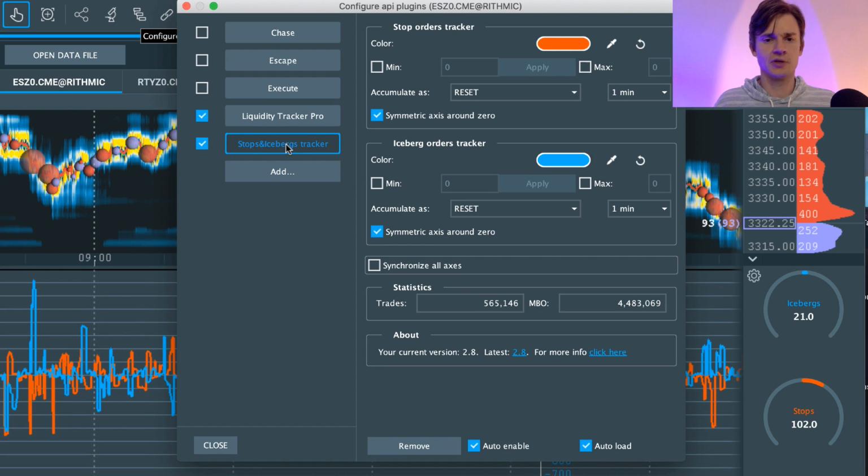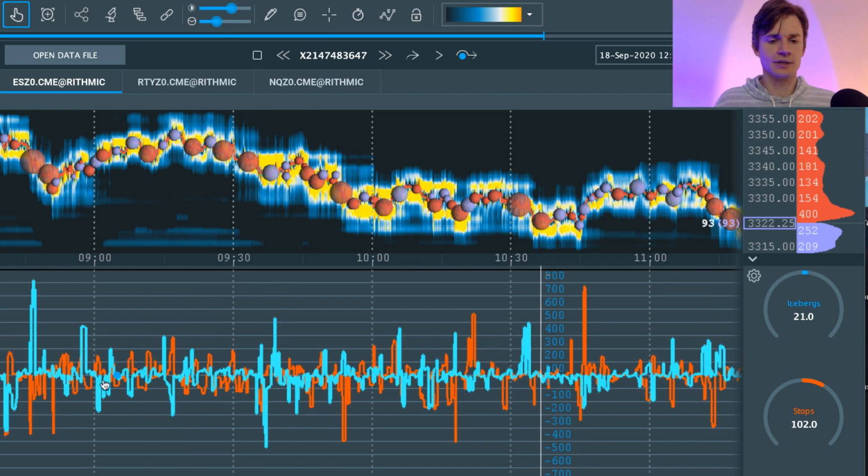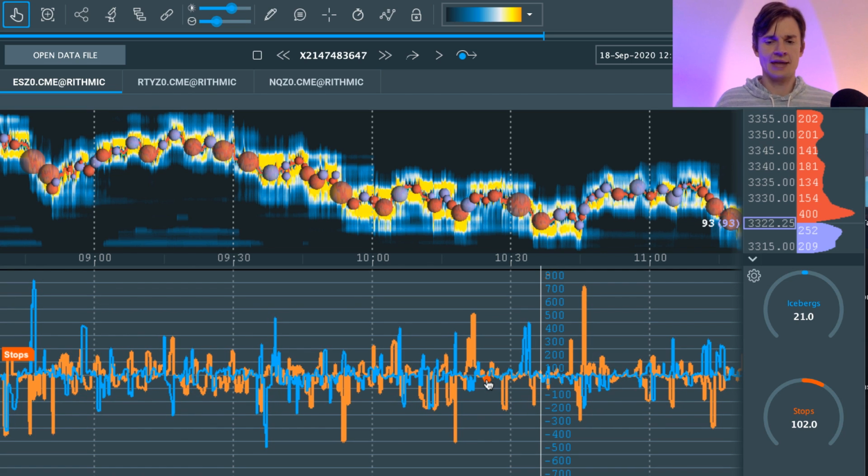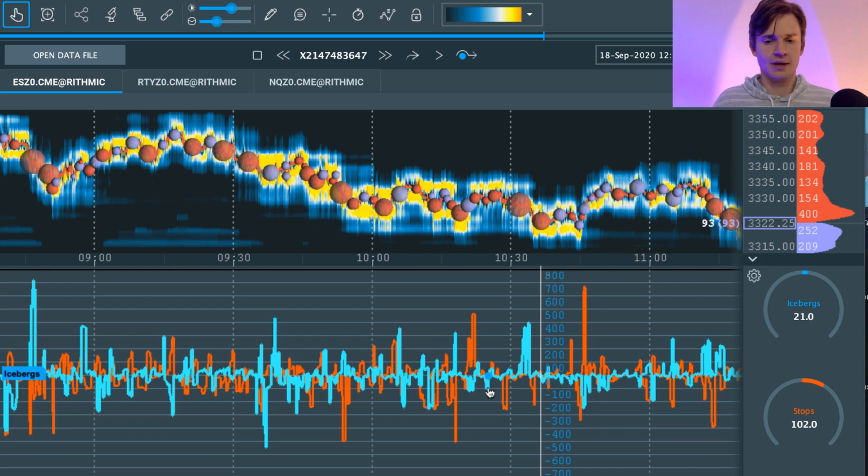So, the stop and iceberg tracker. We have a number of options. We've got symmetric axis around 0, symmetric axis around 0, and synchronize all axes. What these do is put it on an even 0 line. You've got your 0 line somewhere in here, and you want that to be synced up with itself.